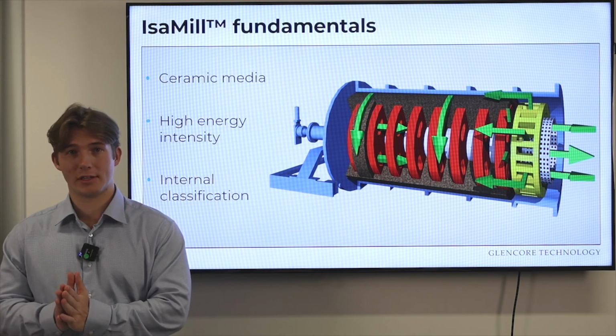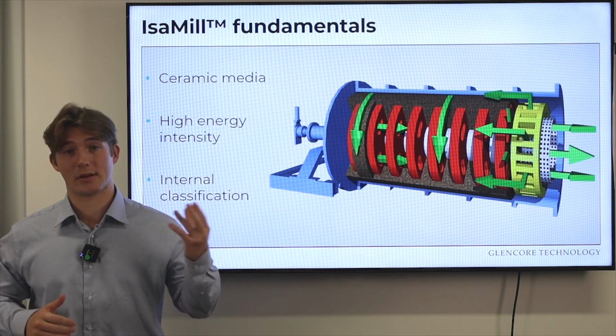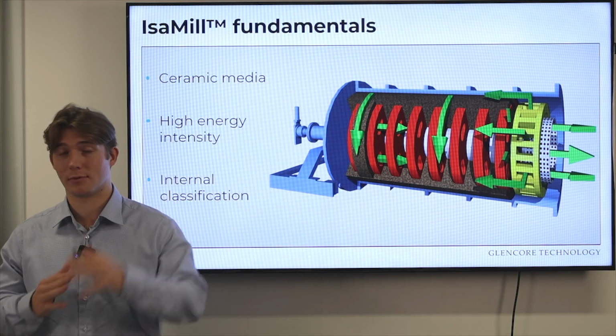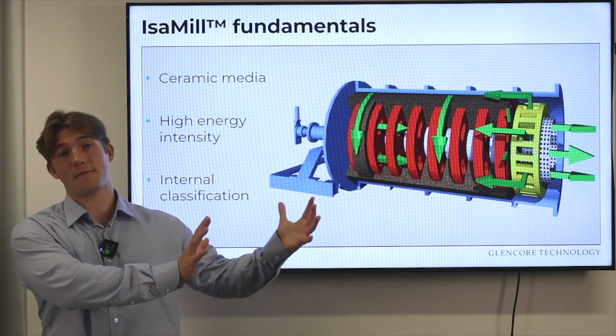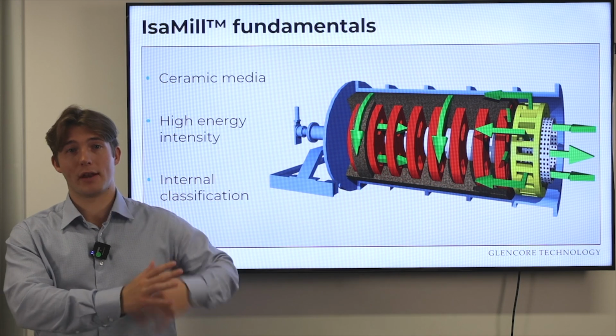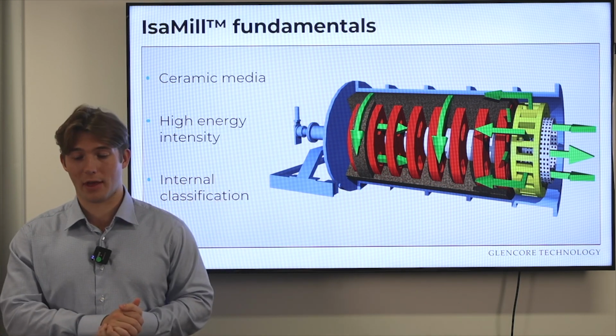On the discharge end, in yellow on this picture, is the rotor product separator, and this acts like a pump impeller to force all that media and all those solids that have been pushed to the outside back to the feed end of the mill, which is where all the grinding occurs, and back to get ground down even further.